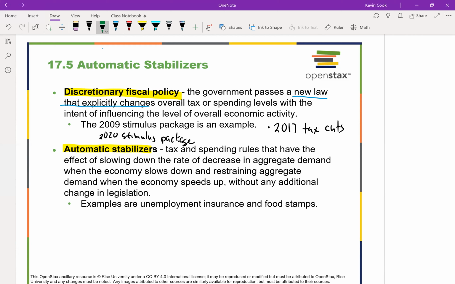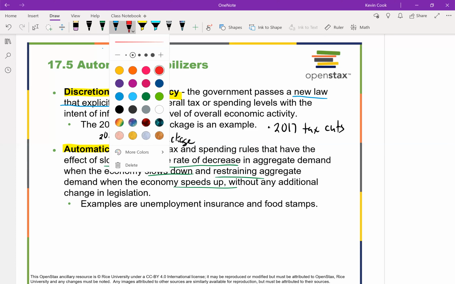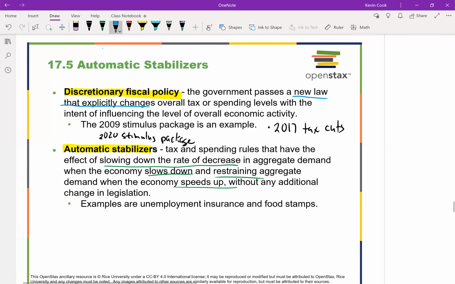So how we have it defined is that it slows down the rate of decrease when the economy slows down, and it restrains aggregate demand when things speed up. And for this, we don't have to pass pieces of legislation. So for this, the two big areas that we're going to see this is our unemployment insurance and food stamps.